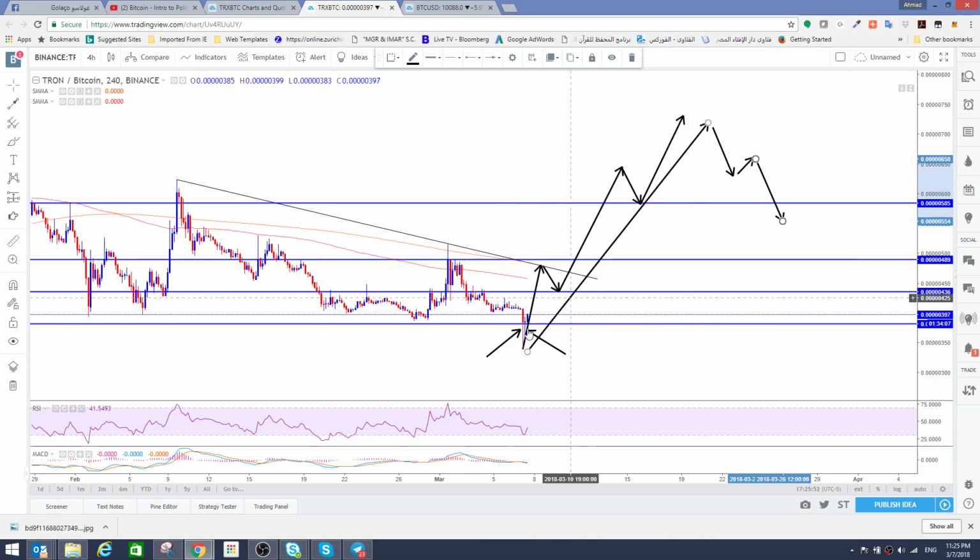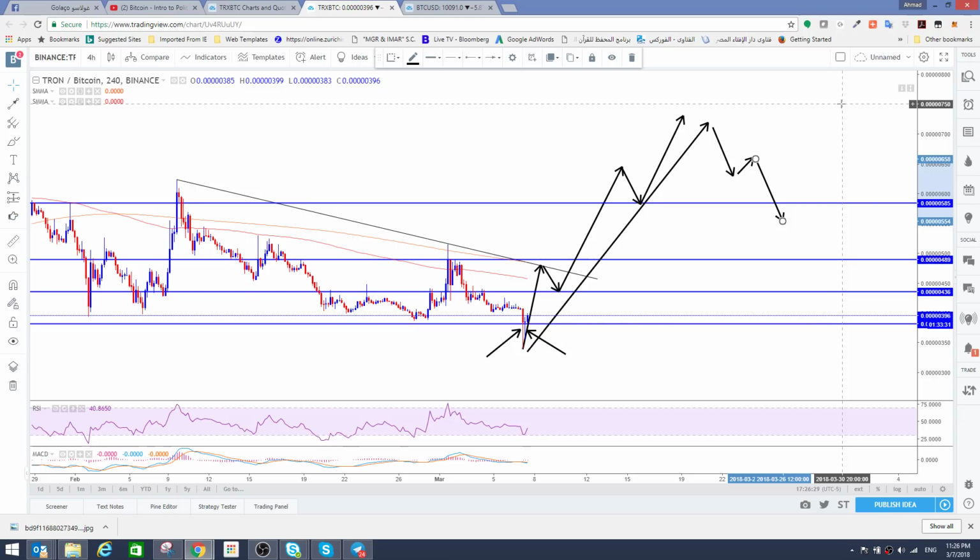From here to here it contains 5 waves: 1, 2, 3, 4, 5. These 5 mean it's wave 1. Then 3 waves down, which means wave 2 out of 5. Then it will move wave 3 out of 5, then 4, then 5. When it's all finished, we can say it's the first wave for TRX. So we're still at the beginning of the road toward the biggest target for TRX.